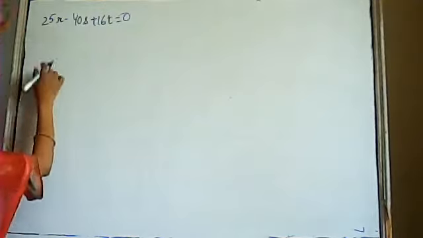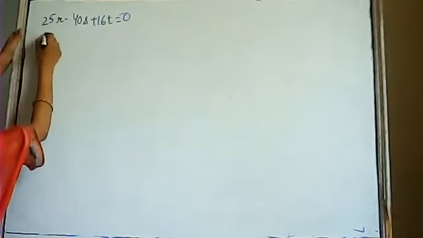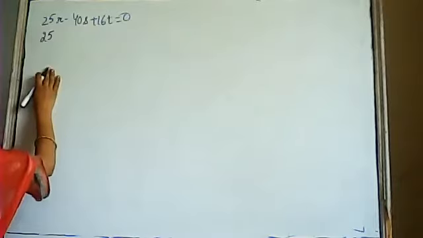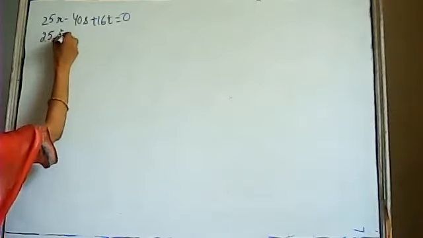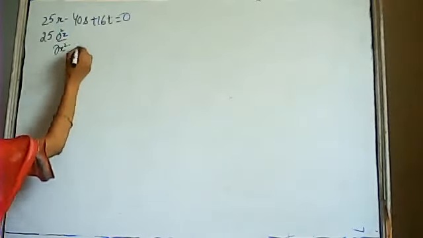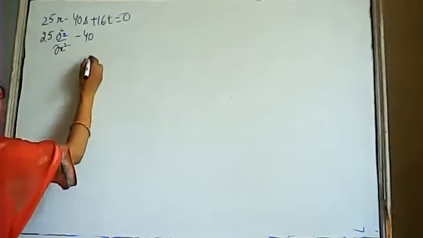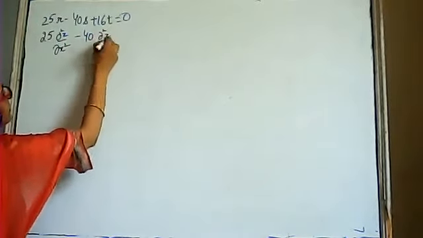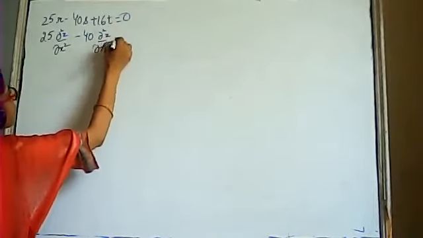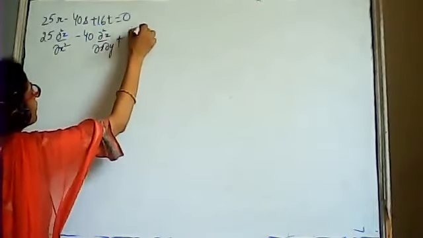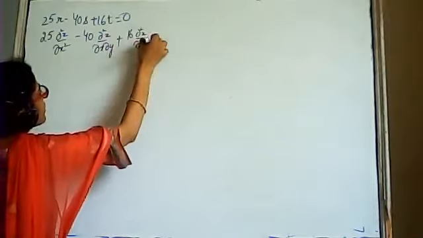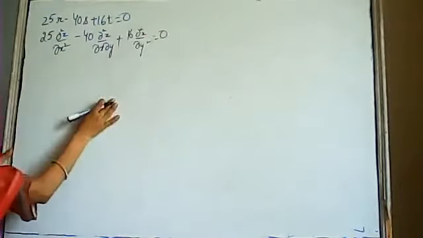First of all, in the usual notation, r stands for ∂²z/∂x², s stands for ∂²z/∂x∂y, and t stands for ∂²z/∂y². So the equation is 25 ∂²z/∂x² − 40 ∂²z/∂x∂y + 16 ∂²z/∂y² = 0.